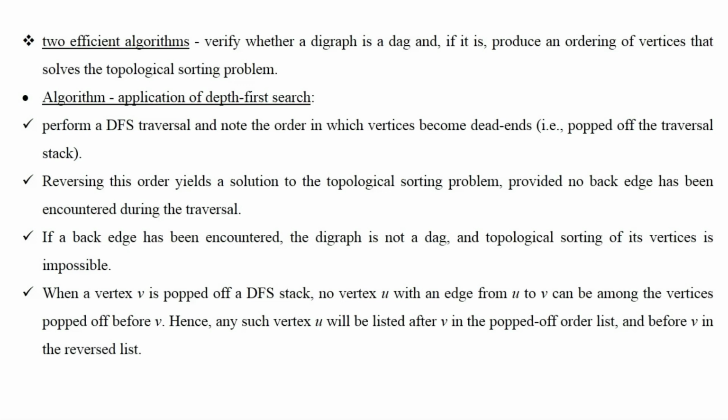When a vertex V is popped off the DFS stack, no other vertex U with an edge from U to V can be among the vertices popped off before V. Hence, such a vertex U will be listed only after V in the popped off order list and before V in the reversed list.